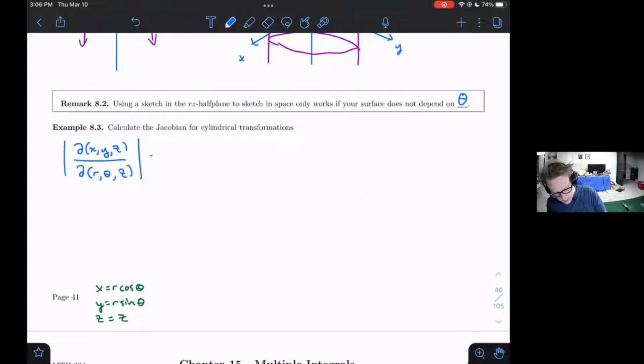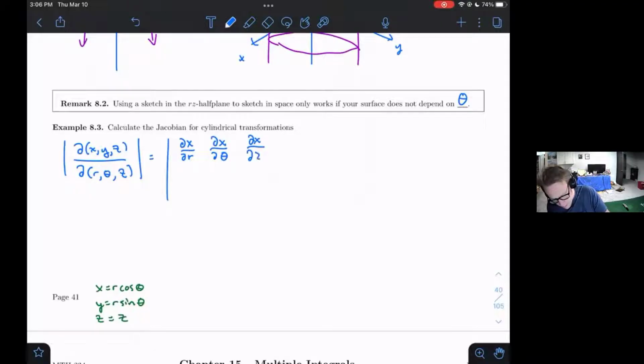Okay, so let's go ahead and calculate this stuff out. We can imagine, right, we have the partial derivative of x with respect to r, the partial derivative of x with respect to theta, and the partial derivative of x with respect to z.